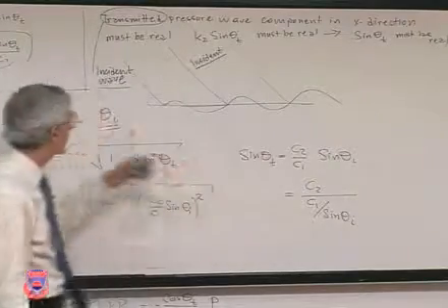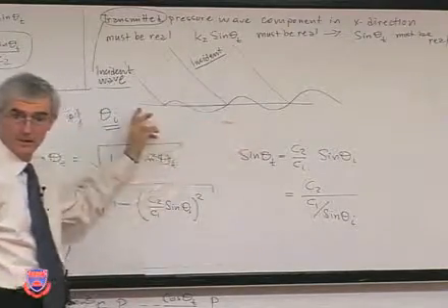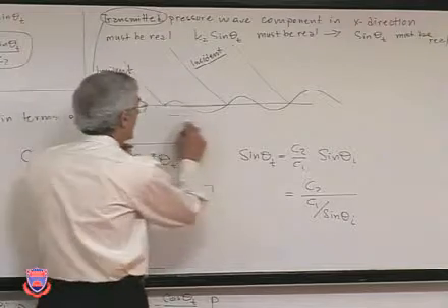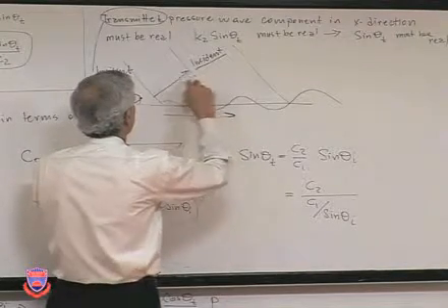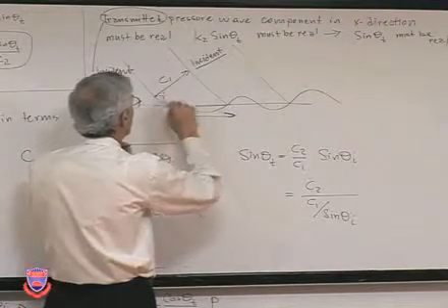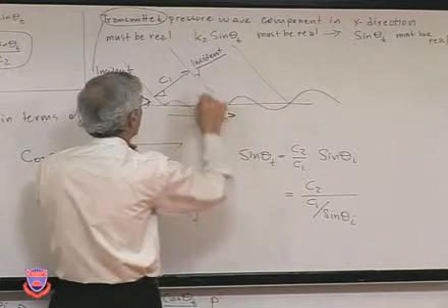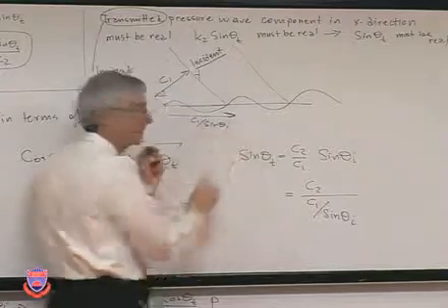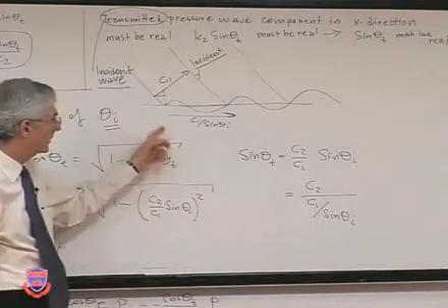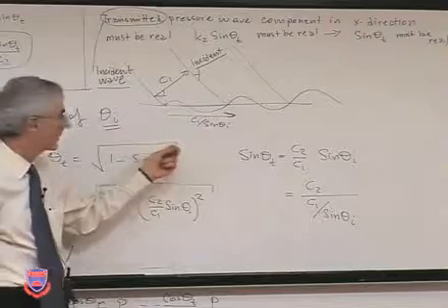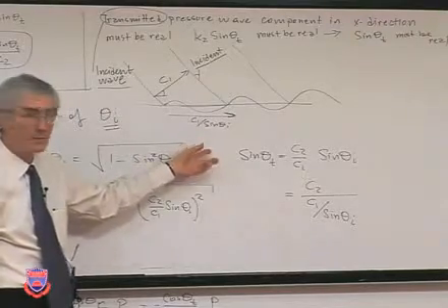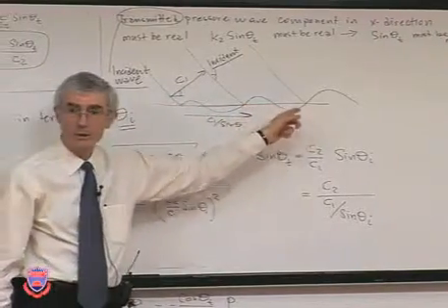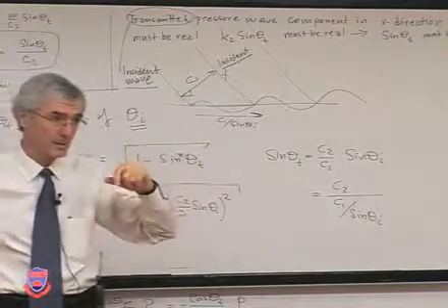Earlier we talked about the speed that's along the surface. If this was c1, this being the angle, this is c1 over sine theta i. So we're looking at the speed on this medium, and the speed with which the phase the surface experiences.